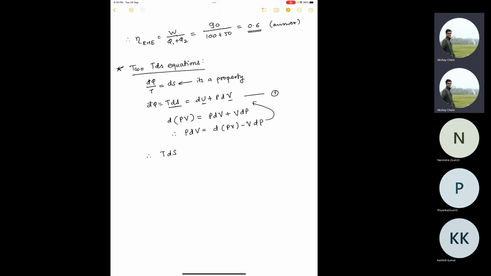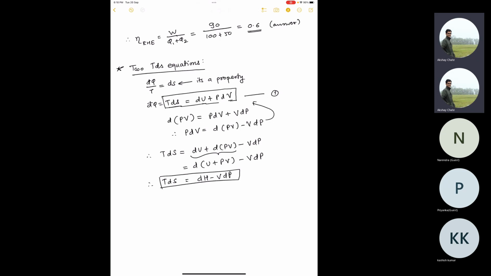You will get TDS equal to dU plus dPV minus VdP, and by differentiation you can write it this way, and it becomes dH minus VdP. At this point, these equations may look trivial to you, but if you study thermodynamic relationships, these will come in handy. There you use them multiple times.